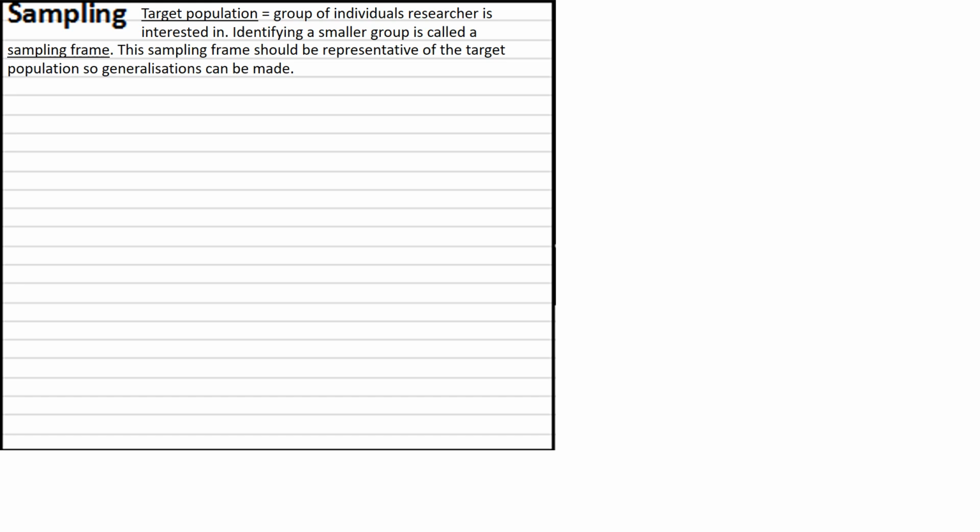Ideally, this sampling frame needs to be broadly representative of the wider target population. There's no point saying my target population is the entirety of the UK, but my sampling frame is a school with children from 11 to 16. That simply wouldn't be generalizable to the wider UK population.